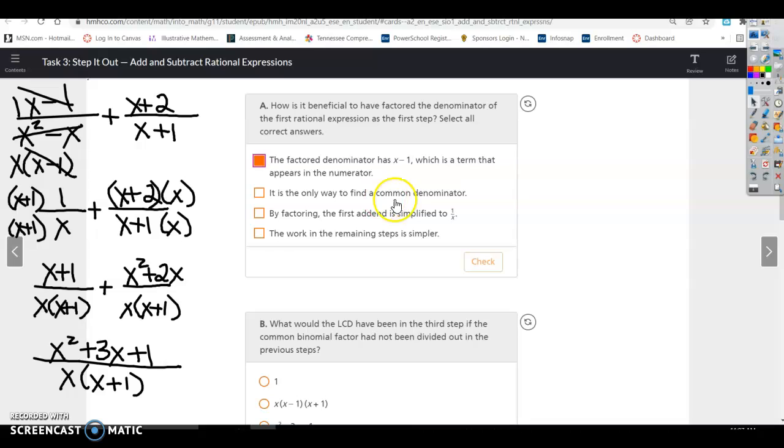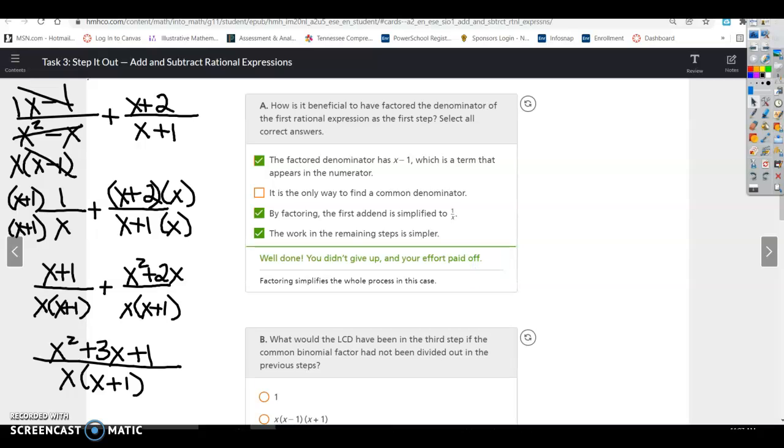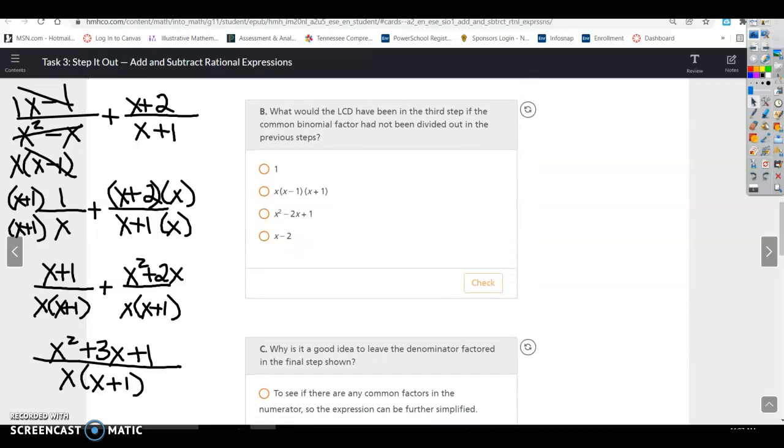It is the only way to find a common denominator. By factoring, the first added is simplified to 1 over x. Okay, so that is true because we did simplify to 1 over x here. And then the work in the remaining step is simpler. That's true. If you reduce as you go, it makes each step a little simpler as you move through the process.